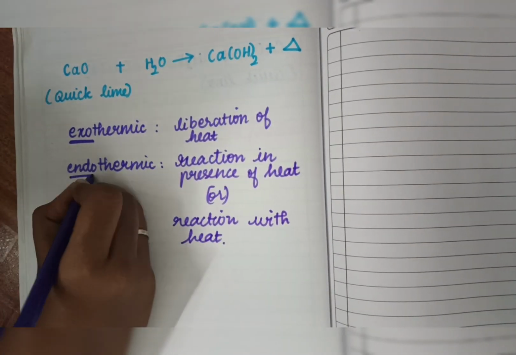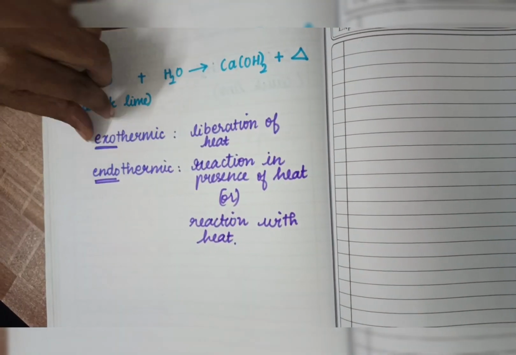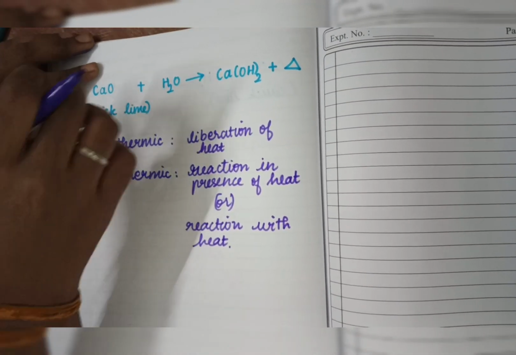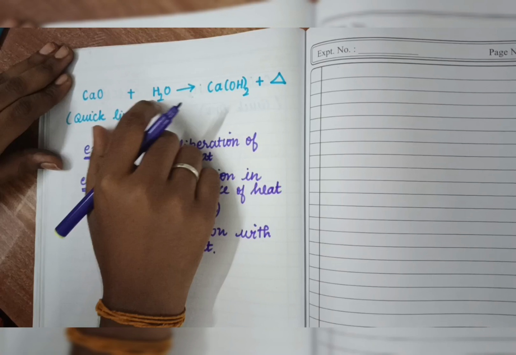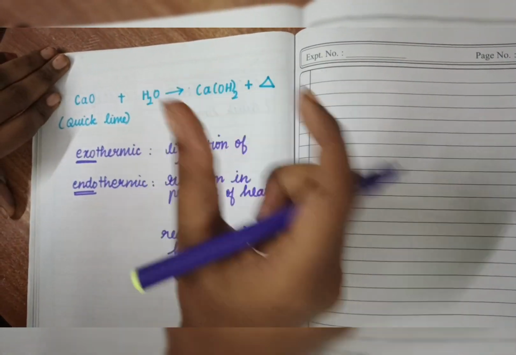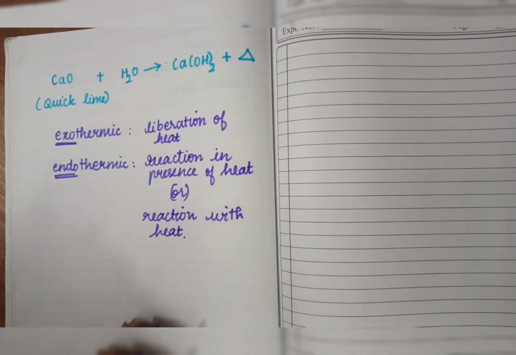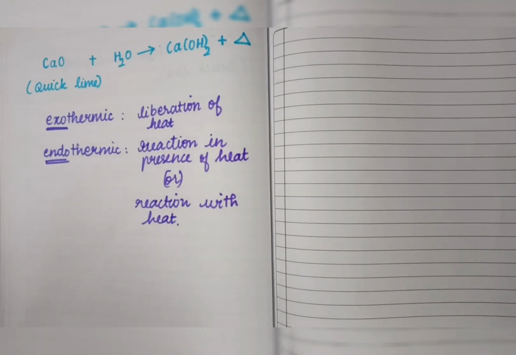So the words endo and exo are quite different. Exo means liberation of heat, like in the example, calcium oxide reacts with water to give calcium hydroxide and heat. Endothermic shows that the reactants need heat to perform and give a product.